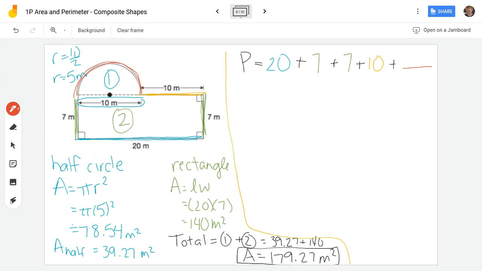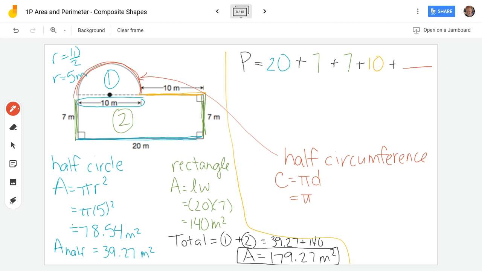So to get that red piece, we need half of the circumference of the circle. And the circumference is pi times d, or 2 times pi times r. We have the diameter. We also have the radius because we calculated that already.